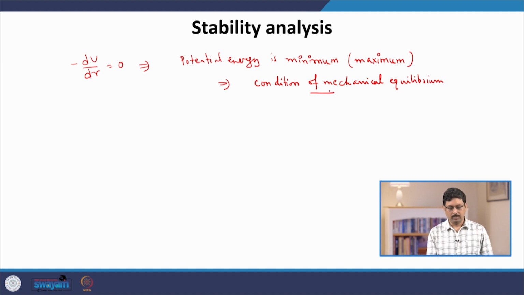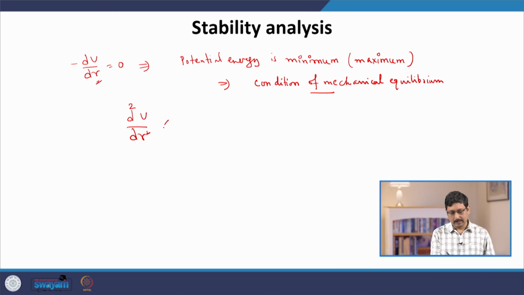Now, for the sake of completeness, I must mention that the first derivative being 0 just tells you that the total force is 0. What happens if you disturb it slightly really comes from the second derivative of the potential energy, where R is the variable that describes the configuration.